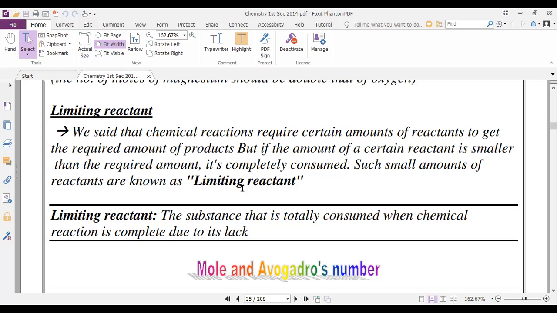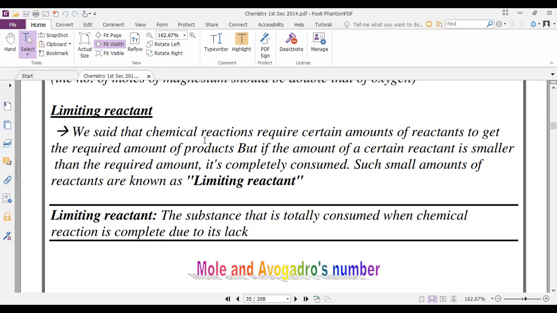So we can understand that the limiting reactant in any chemical reaction is the one that has the least amount, as when this least amount is consumed completely, the chemical reaction will stop. Okay?